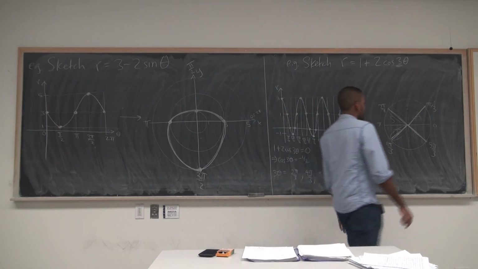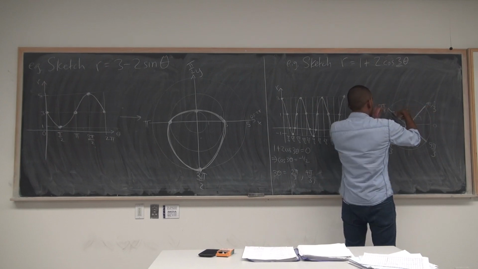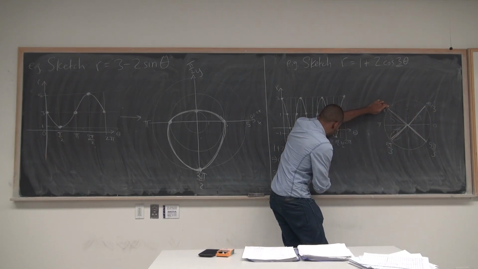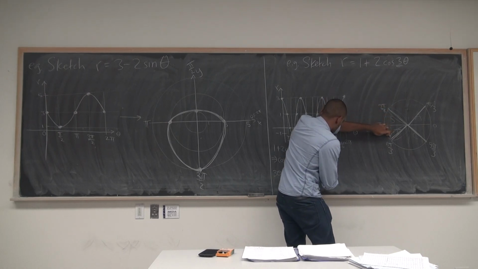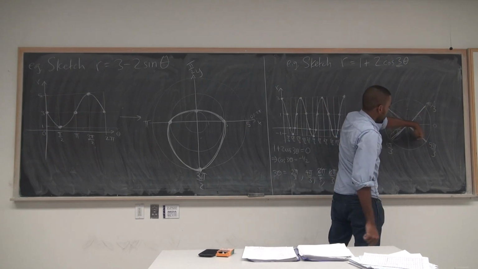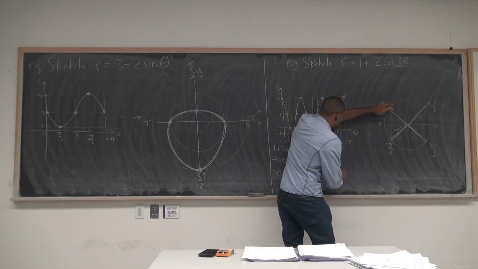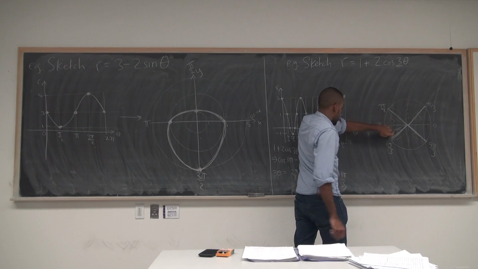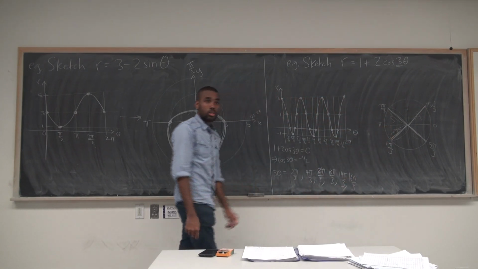So this would be 6 pi over 3, 7 pi over 3, 8 pi over 3, 9 pi over 3, 10 pi over 3, 11 pi over 3, 12 pi over 3, 13 pi over 3, 14 pi over 3, 15 pi over 3, 16 pi over 3. That's my first 6 answers. Just keep counting.